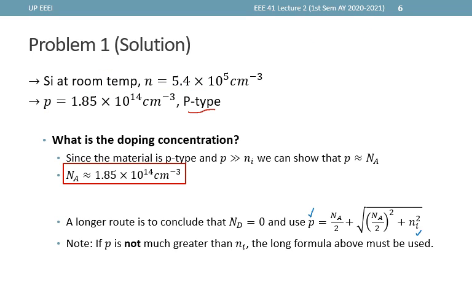And as a last note, the material is p-type, and we use this formula for p. However, we also have the equation for n, where again, if we use Nd equal to 0, we'll have an equation in terms of n, which is known, Na, which we are trying to solve, and Ni, which is also known.